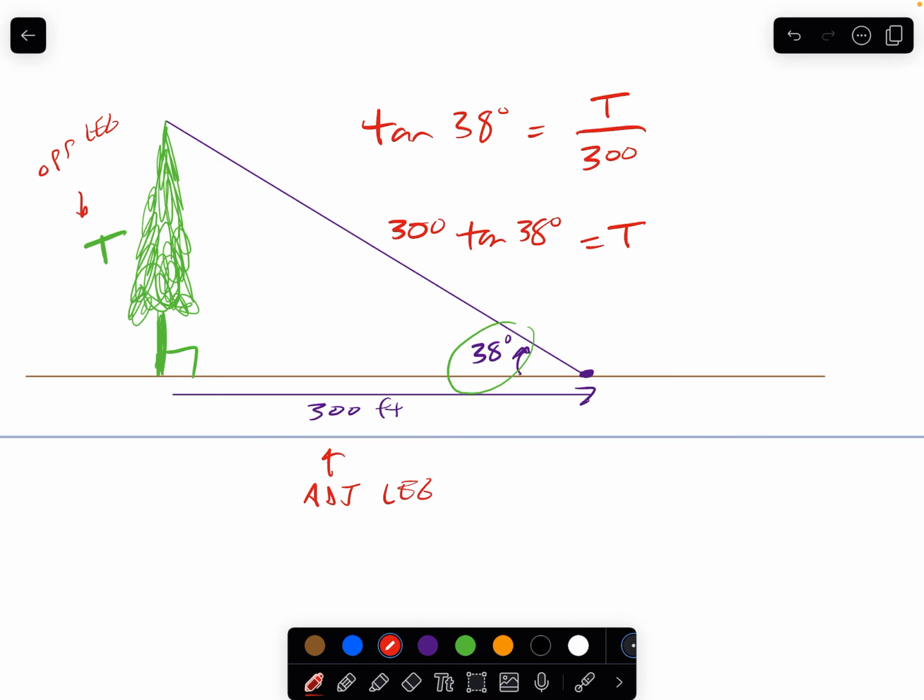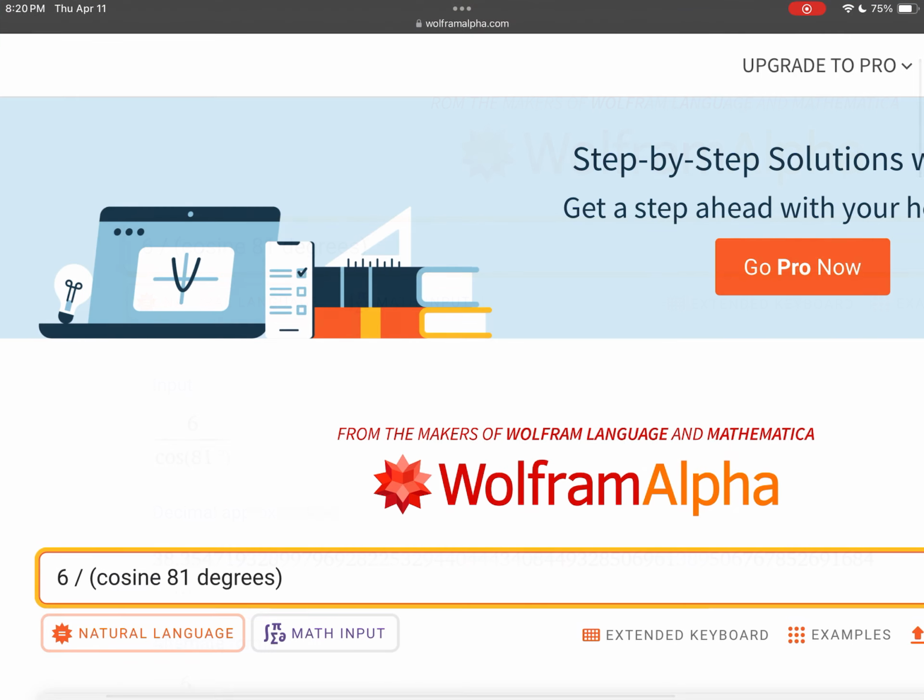And we get a number for that. 300 times tangent of 38 degrees.